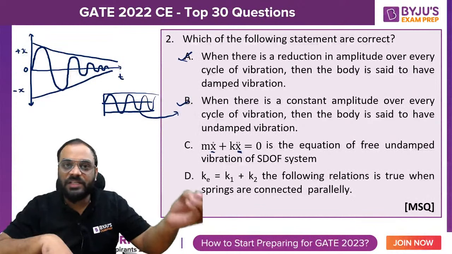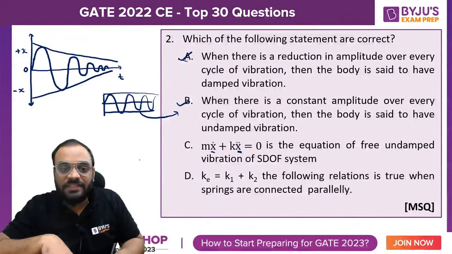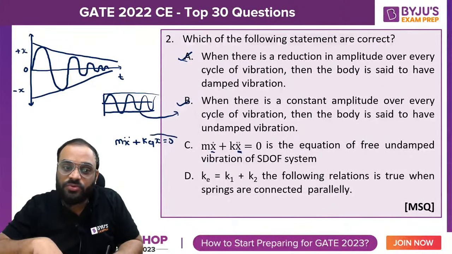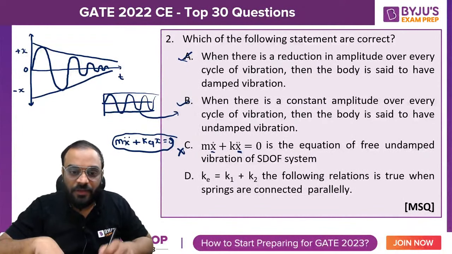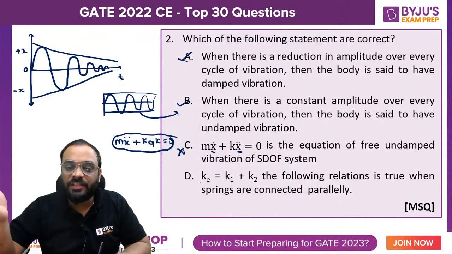So that means d2x divided by dt2. So in this case, the actual equation of motion is m x double dot plus k equivalent x, and it should be equal to 0. That's why this particular option is wrong. Clear? Okay. Now, if we talk about the D option, we know that if we have a parallel combination, then the stiffness can be added directly, right?